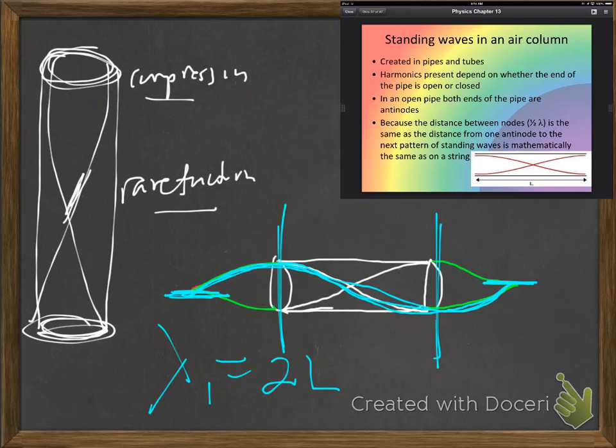Hey, guess what? It's the same as a standing wave on a string. It's the same mathematically. The only thing you're changing is the fact that at each end you now have an antinode versus a node. Mathematically, however, it is identical. It just, the conformation of the wave changes.